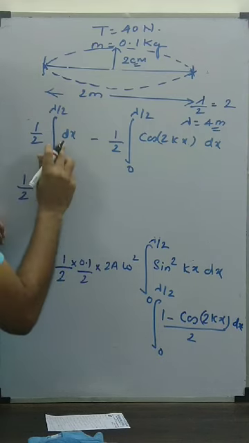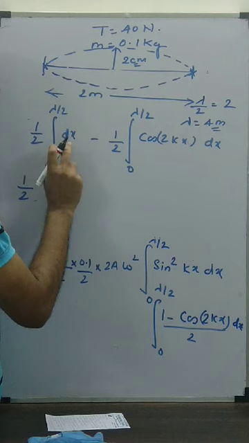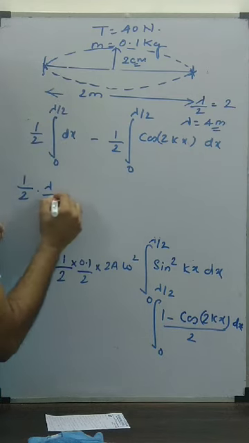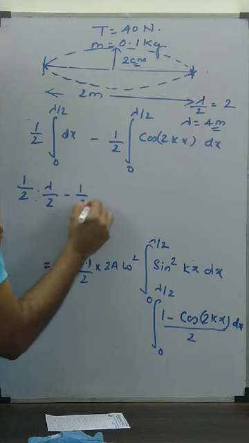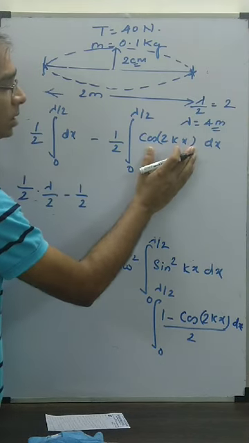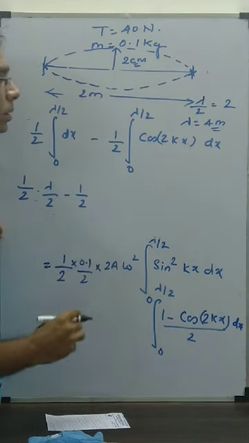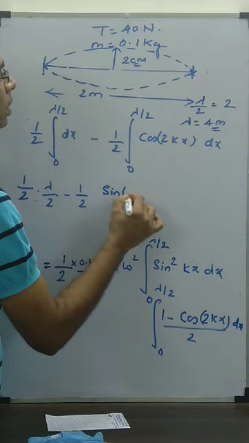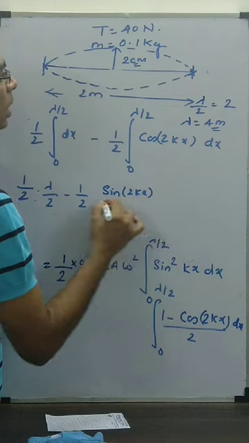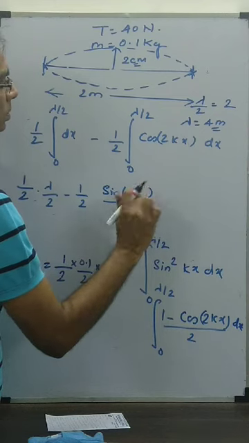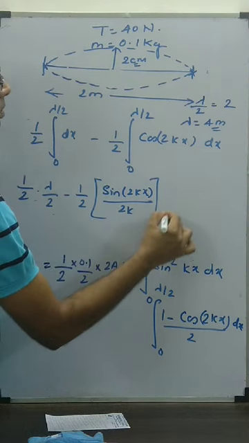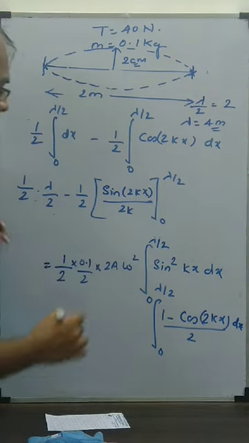1 by 2 dx integration is x, then in place of x, first lambda by 2 minus 0. The answer will come lambda by 2, minus 1 by 2. Its integration is sine 2kx by 2k, then limit 0 to lambda by 2.